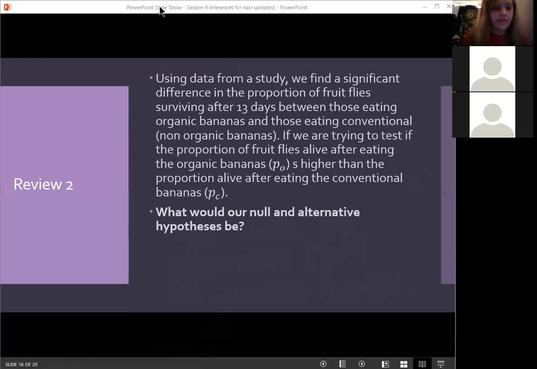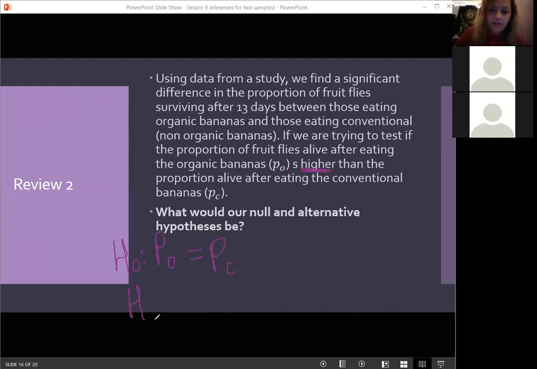All right, great job, absolutely. What we want to do here is decide, because we're talking about the organic bananas being higher than the conventional proportion, that gives us a hint about our alternative hypothesis. But in terms of our null, remember we're always going to have an equal sign. So our P subscript O, the organic bananas, is going to be equal to those alive after eating the conventional. That's our null hypothesis.